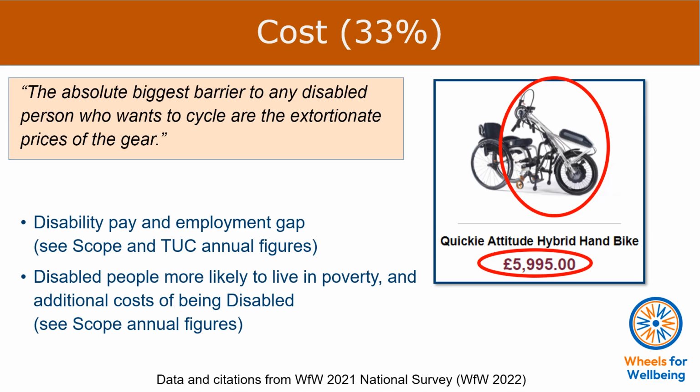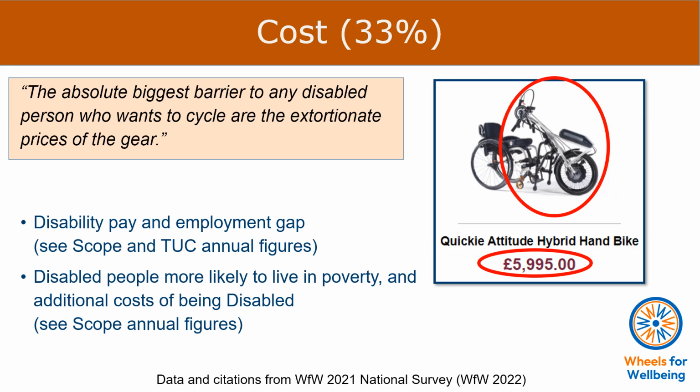And there is a whole array of really wonderful cycles available for disabled people, but they do have a very high price tag on them. The price of cycles is almost a double deterrent for disabled people, given that we know that there is also a disability pay and employment gap.